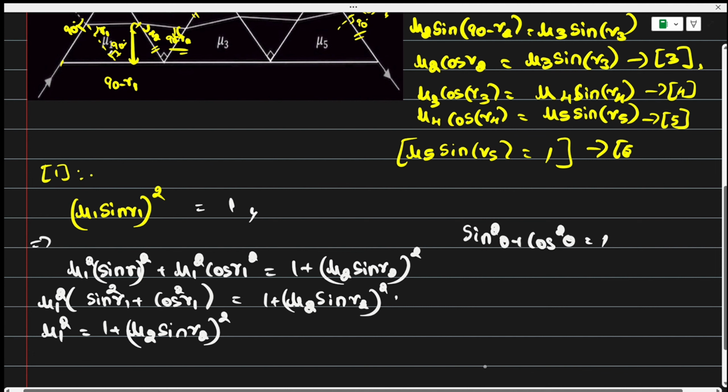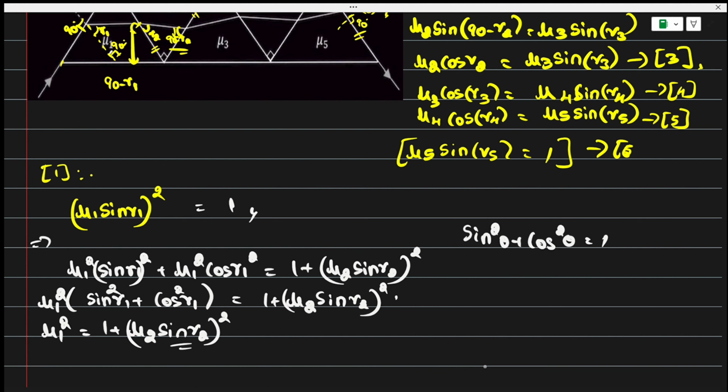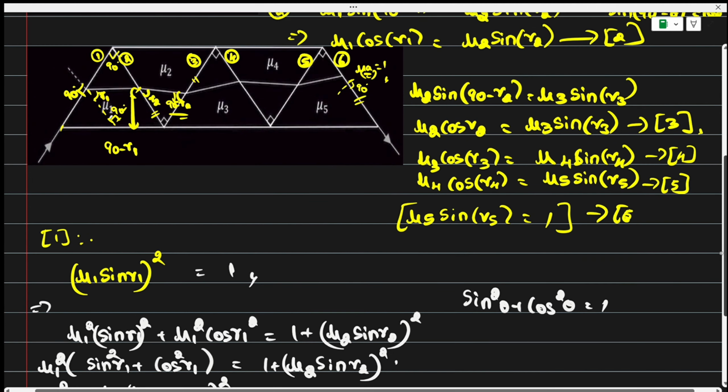Now I need to get rid of sin² r2. So to get rid of sin² r2, I'm going to square and add equation 3, but this time cos r2 is on the left side, so I'm going to flip this equation and add it.